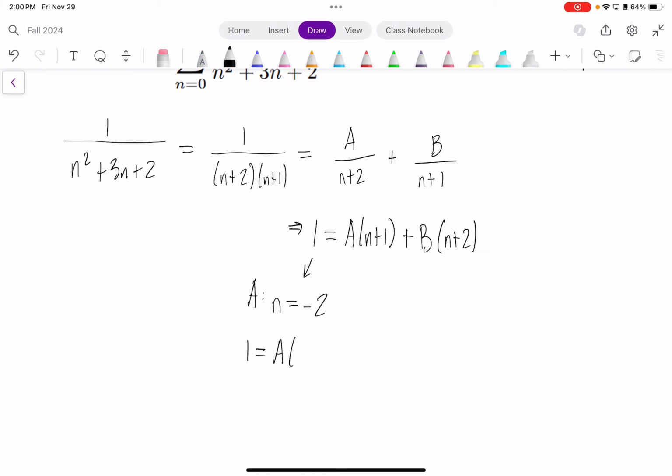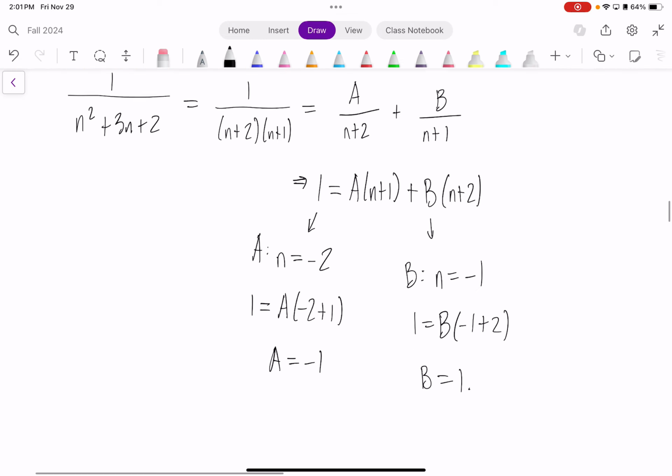So that gives us 1 is equal to a times negative 2 plus 1. So a is equal to negative 1. And then if we want to solve for b, we can set n equal to negative 1 to eliminate a. So 1 is equal to b times negative 1 plus 2. So b is equal to 1. Is this step okay? So we're just using our partial fractions decomposition, and then we're eliminating each of those terms.